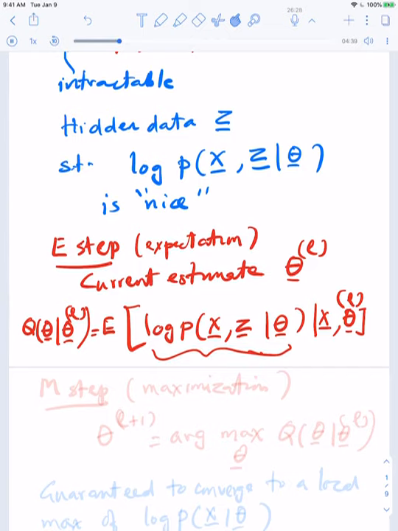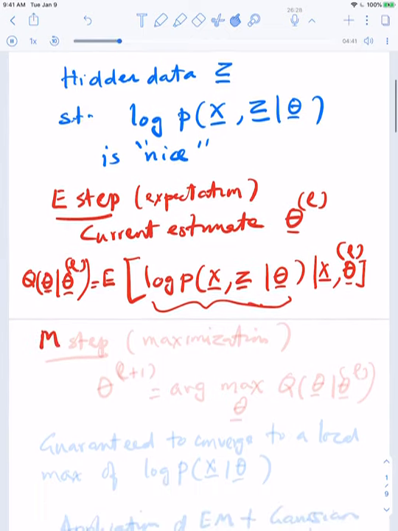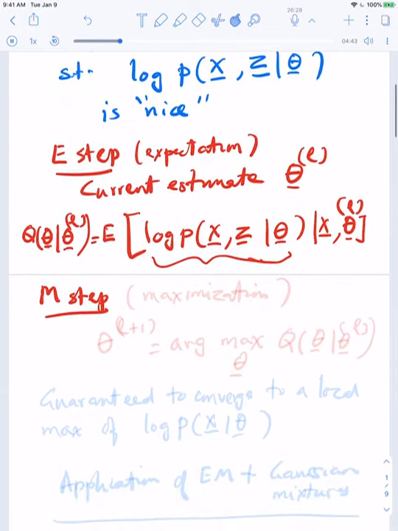And now we have the M step. Now that we have this function of theta, hopefully this is a nicer function to optimize over than the original likelihood function. Why? Because hopefully it inherits the niceness of this log of P of X, Z given theta, right? So hopefully this is nicer.